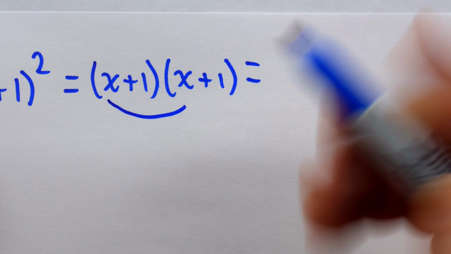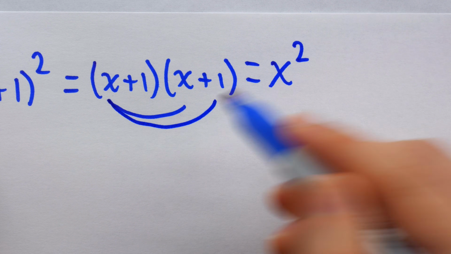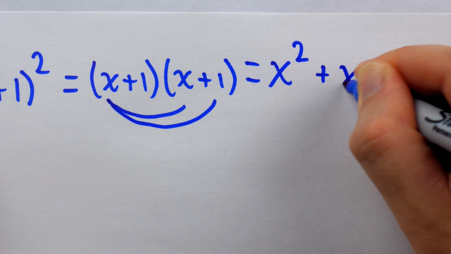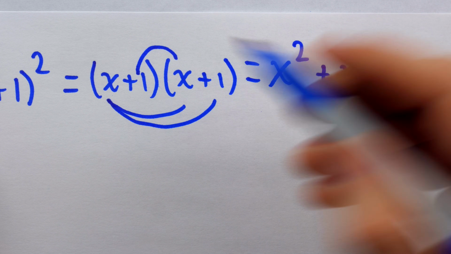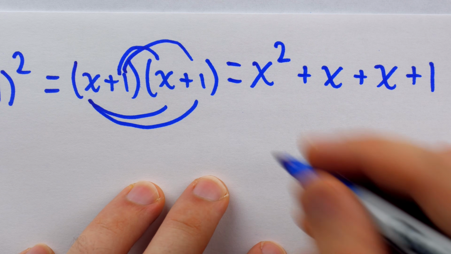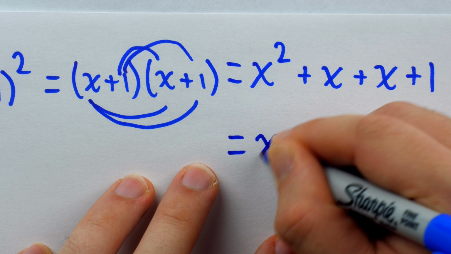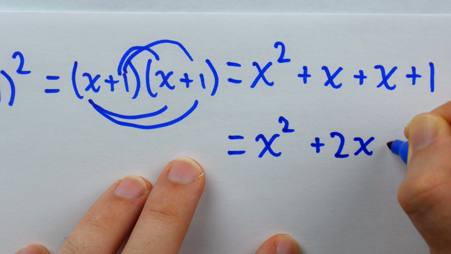That gives us x times x, which is x squared, x times 1, which is 1x, 1 times x, which is also 1x, and finally 1 times 1, which is just 1.